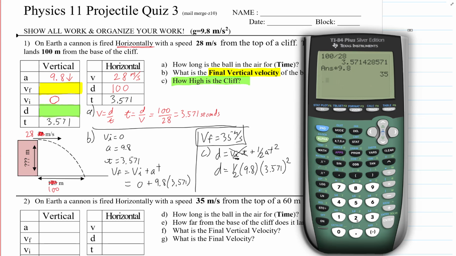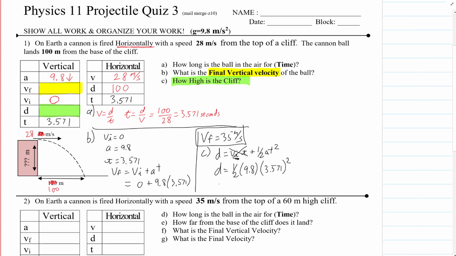So I take 0.5 times 9.8 times that time up there, that number squared. And I get 62.50. So D is equal to 62.50 meters. And that's the answer for C. Okay, that question is done.